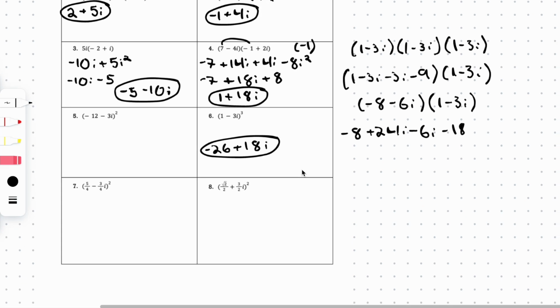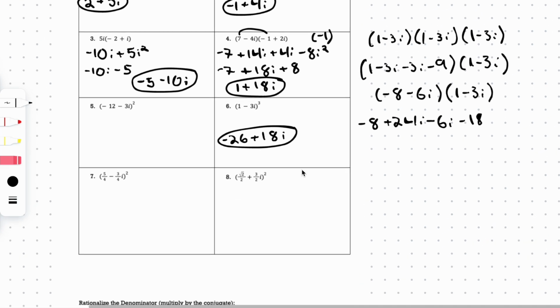Okay. Now, let's do number 7. So instead of writing squared, I'm just going to rewrite this equation, though it's kind of hard to write, it's so small. Okay, so first let's do 5/4 times 5/4. Well, we multiply the numerators and the denominators, so 5 times 5 is 25, 4 times 4 is 16.